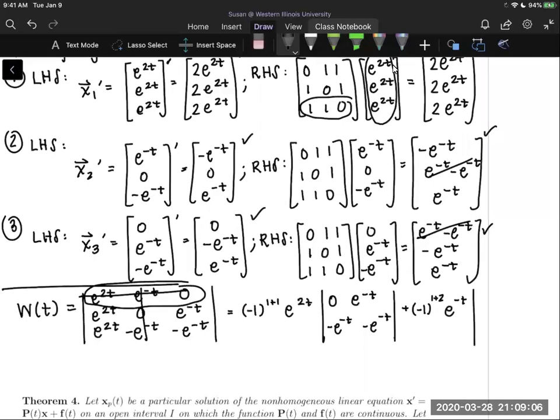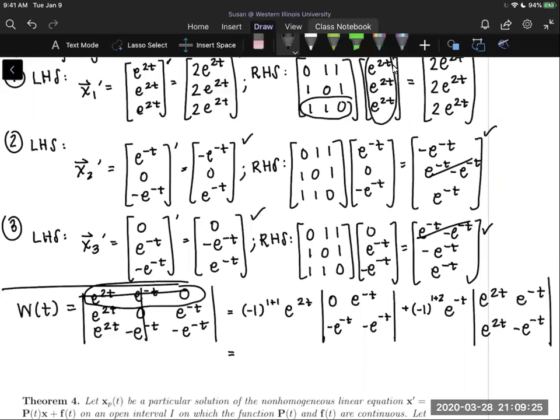It is going to be e to the 2t, e to the negative t, e to the 2t, and negative e to the negative t. All right, and so what we want to do is flesh out this determinant here.